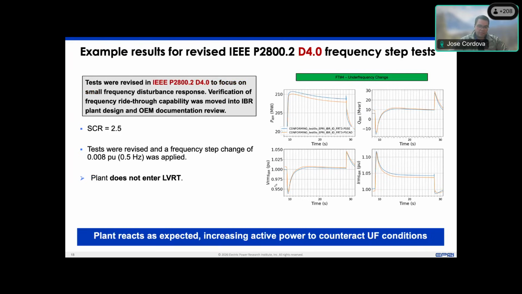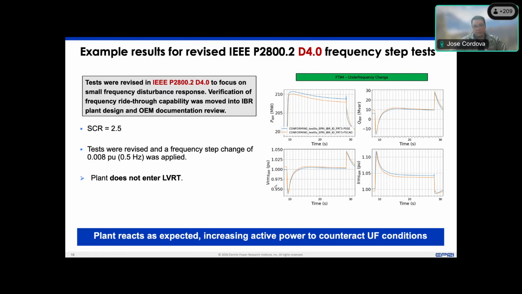the tests were revised in the new draft 4.0 to focus on the small frequency disturbance response, which was the actual intent of this section of the .2 test, where the verification of frequency ride-through capability was actually to be a plant design and OEM documentation review for the larger event.